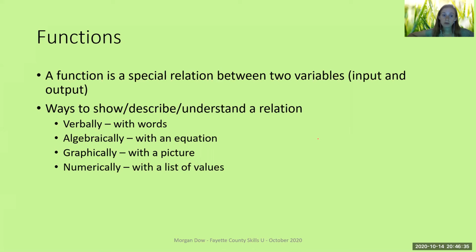And we're going to practice with 4 different ways to do so. So we're going to practice showing functions verbally with words or descriptions. We're going to practice showing them algebraically with equations. We're going to practice showing them graphically or with pictures, and numerically with a list of values or numbers.